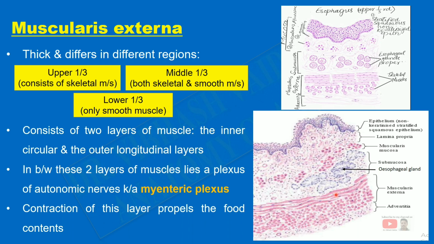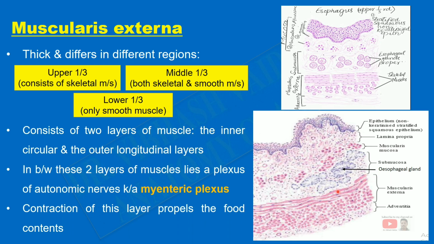Then the middle 1/3 is made of mainly both skeletal and smooth muscles, and the lower 1/3 part, which is nearer to the cardiac end of the stomach, is made only of smooth muscles.